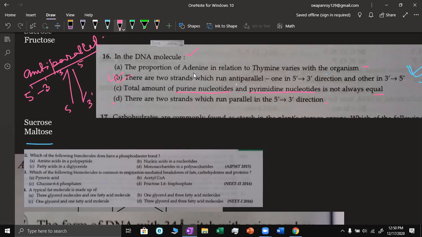Say, proportion of adenine in relation to thymine varies. It cannot, because adenine pairs with thymine.